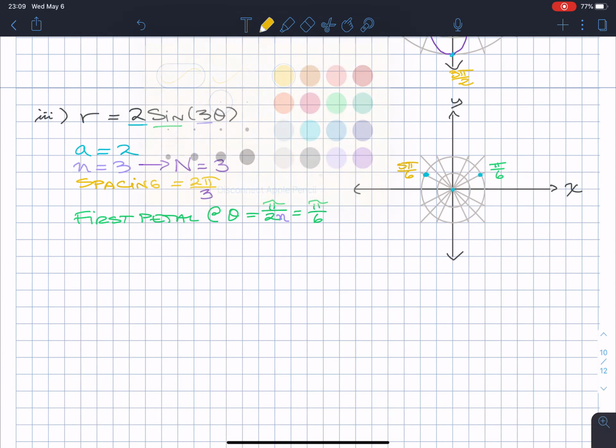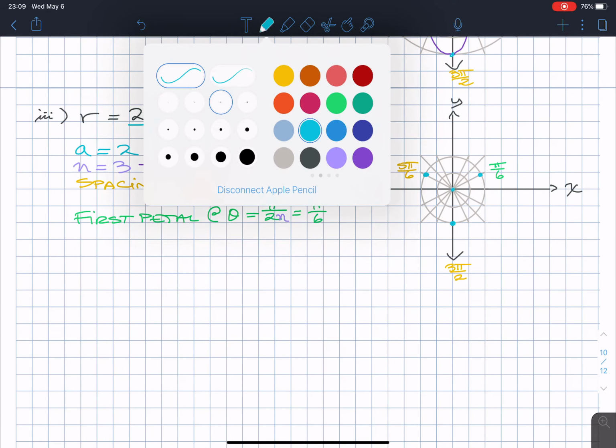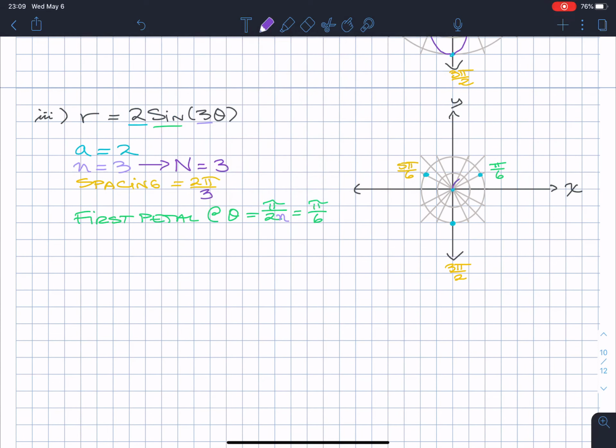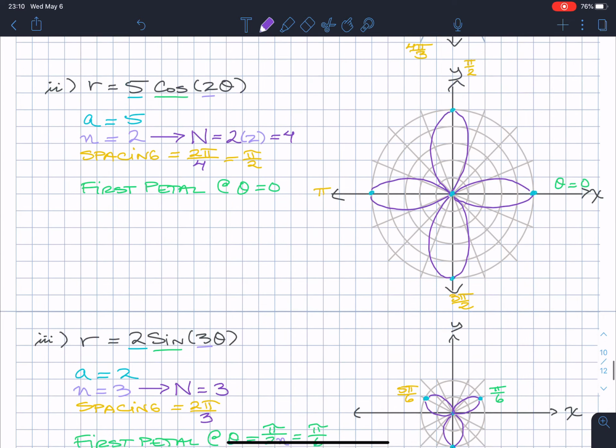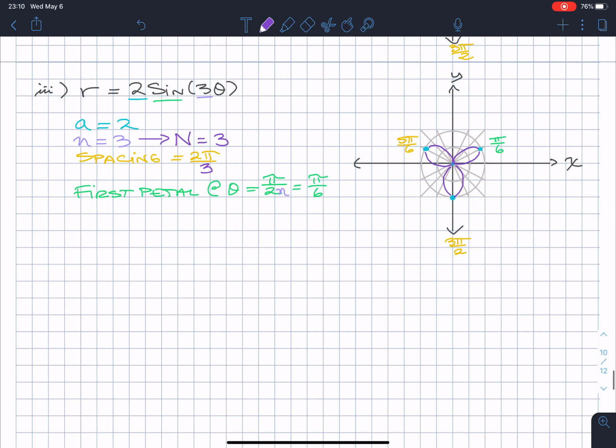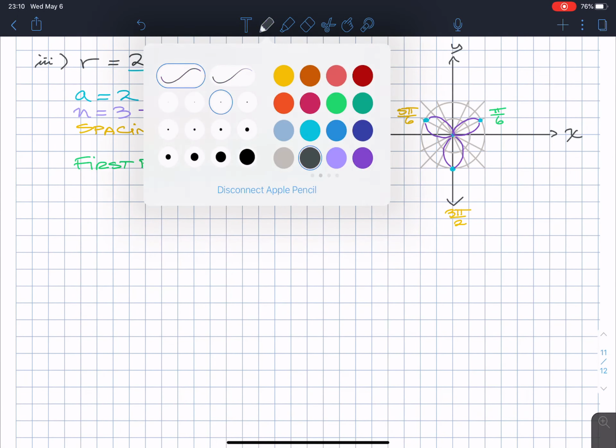If I add another 120 degrees, that's going to be at 3 pi over 2, or 270 degrees. And you'll notice these are evenly spaced, so just make sure they're evenly spaced. So first petal, second petal, and third petal. So it's another trefoil, but it's sine because its first petal is not along the positive cosine like that one was.